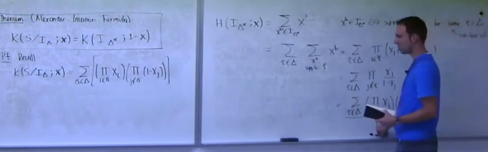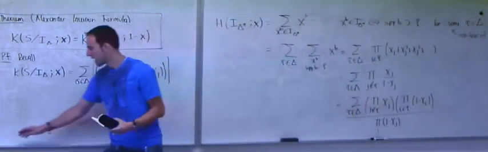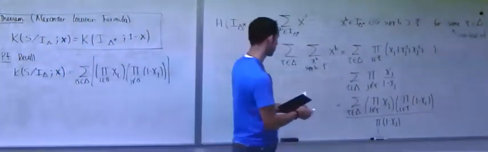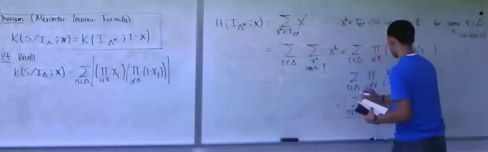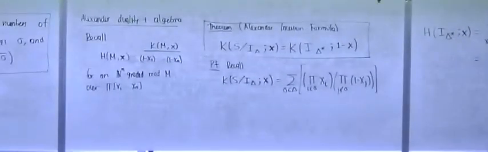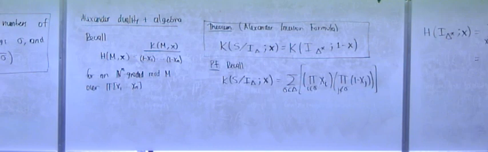Which means that this big thing that I have over here is the k polynomial of delta star evaluated at x. And the thing that I would like you to do is now look at this expression and look at this expression.